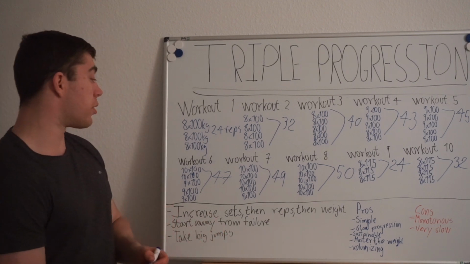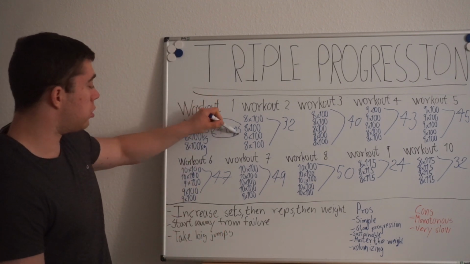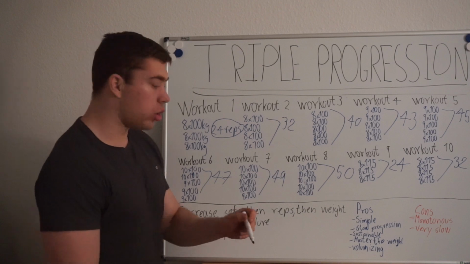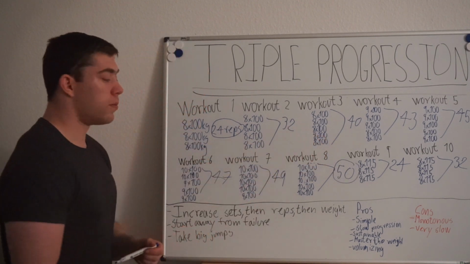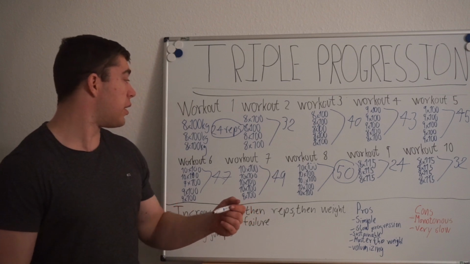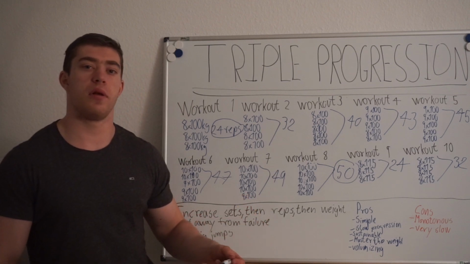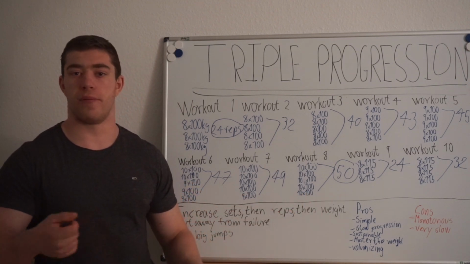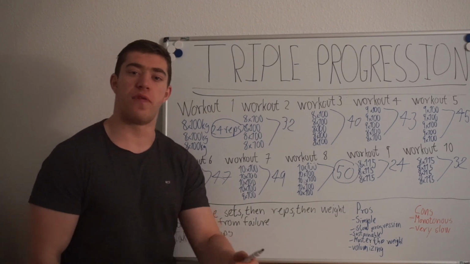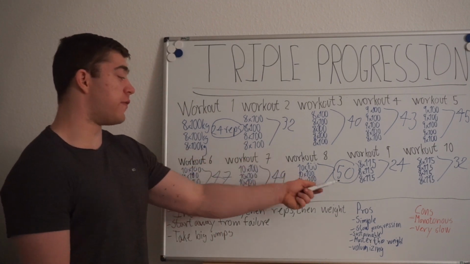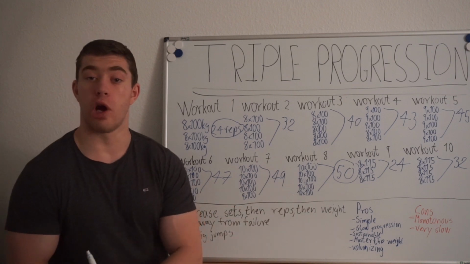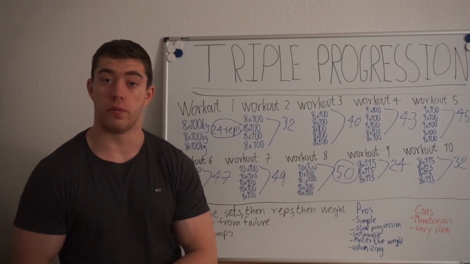But what I want you to notice is that we go from 24 reps all the way up to 50 reps. So just over, let's say, 7 to 10 workouts, something like that, depending on how fast you are progressing this, we're going from 24 to 50 reps, more than double the amount of volume.